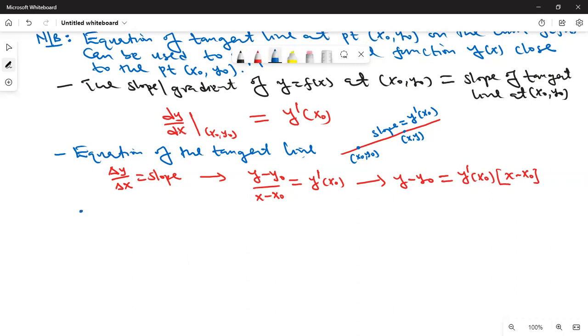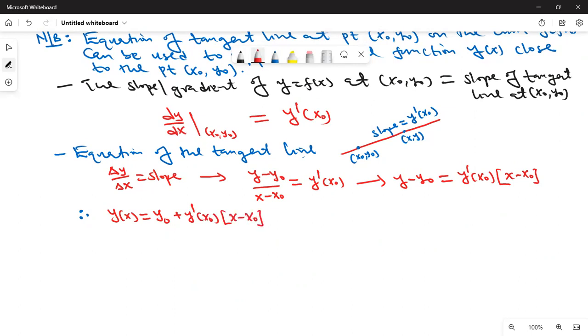Remember y is a function of x: y of x is equal to y naught plus y prime at x naught times x minus x naught.